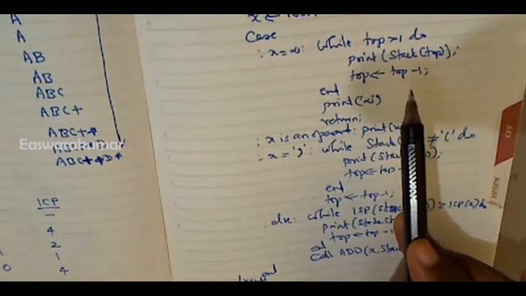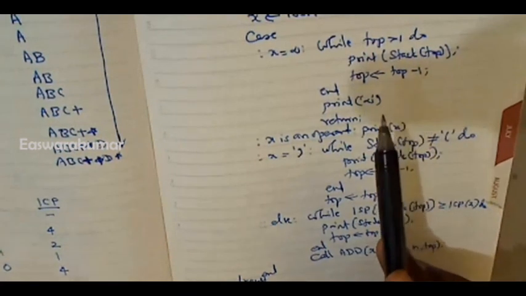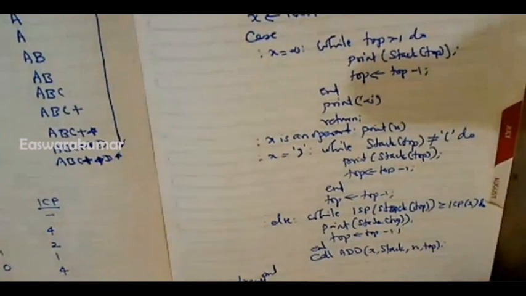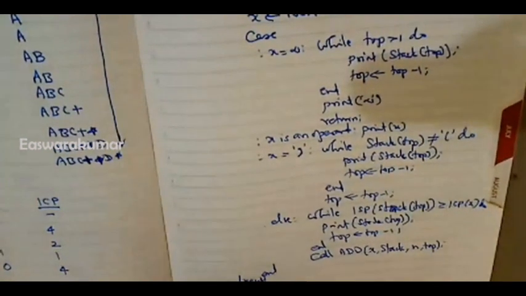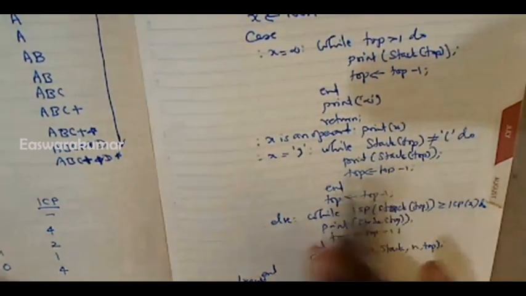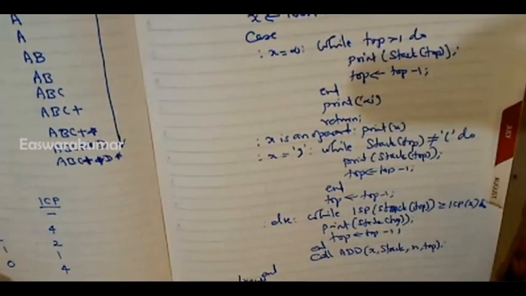But remember, those operators will be inserted only once, and removed only once. Once removed, an operator will not be inserted into the stack again. The number of operators cannot exceed the length of the expression. If the length of the expression is n, the number of operators will certainly be less than n, right?